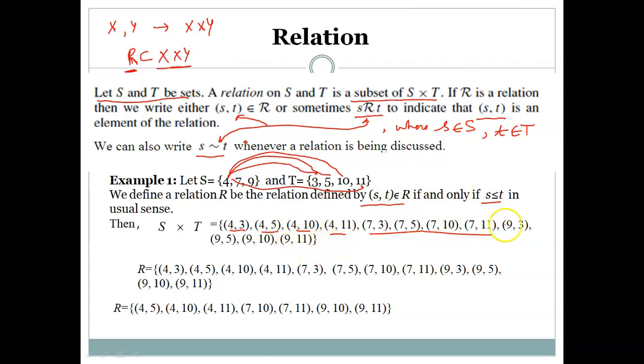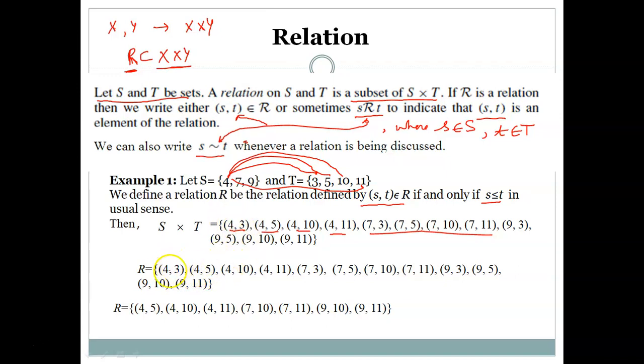That means the first element of the ordered pair is related to the second if it is less than or equal to it. Among all 12 ordered pairs, we have to consider only those which satisfy this condition. In R, I first write all the elements, and then cross out those where s is not less than or equal to t.